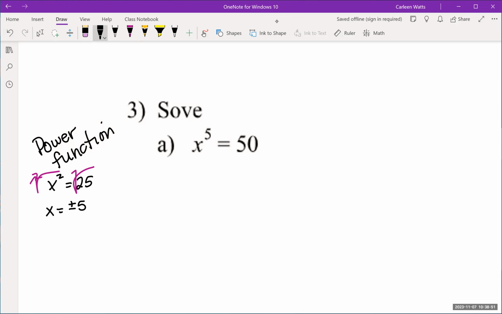See how that means 2 answers? You read that x is equal to plus or minus 5. So if it's a power function, if the base is your variable and you know the exponent, you can undo that exponent with a root. We're going to do 1 and 2 in a minute. Let's do 3.